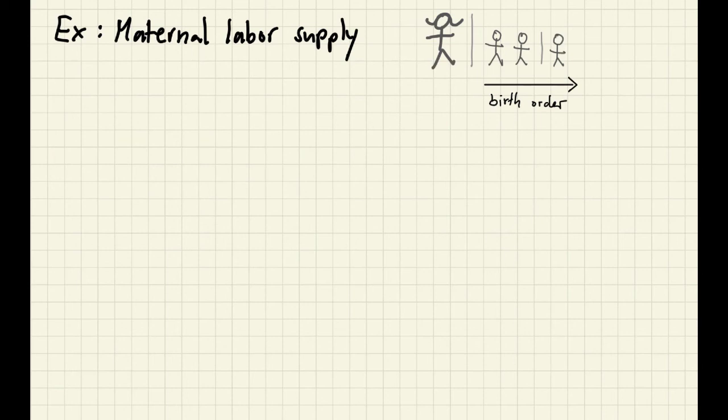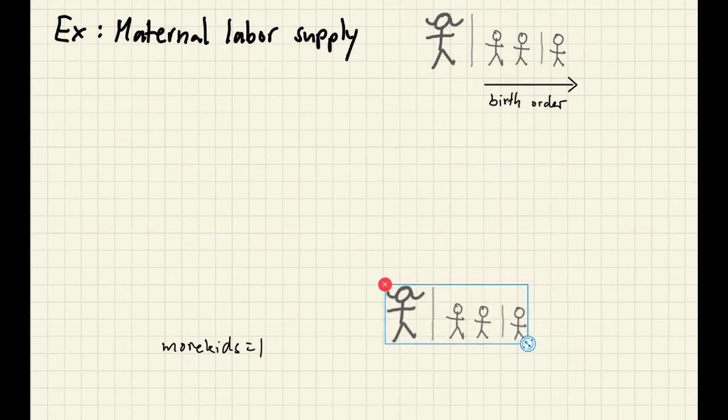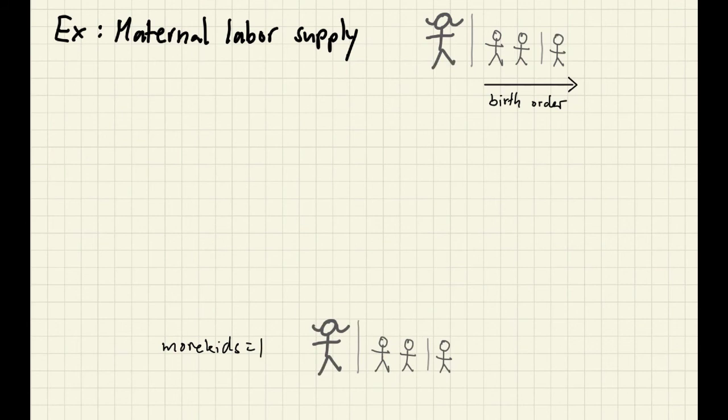Our variable of interest is more kids, and more kids takes the value 1 if the mother has more than 2 children, like the family I depicted here. And more kids is equal to 0 if the mother has exactly 2 children, so that the family would look like this.